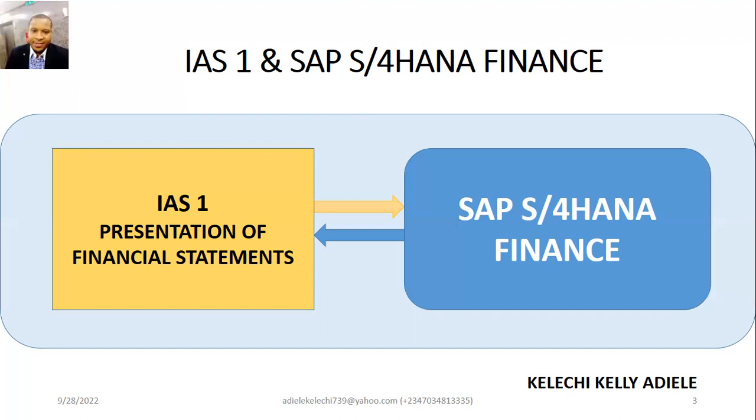So we have what we call IAS, which is the International Accounting Standard, for those who have not gone through the first video. We have IFRS, International Financial Reporting Standards. We have GAAP, Generally Accepted Accounting Standards. These various standards are used in various countries, and they provide guidance on how to prepare your financial statements for both management and external users.